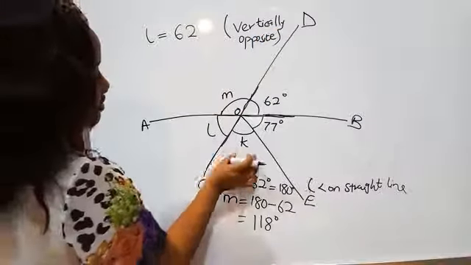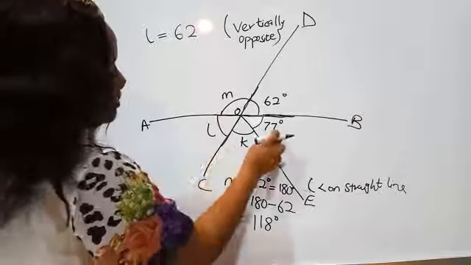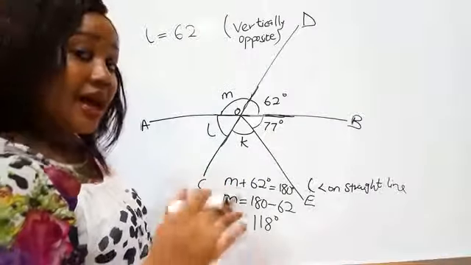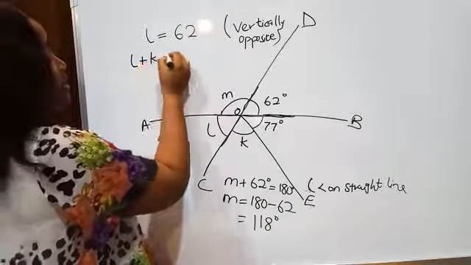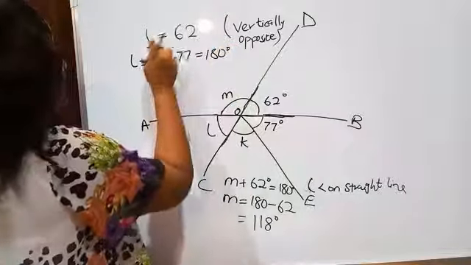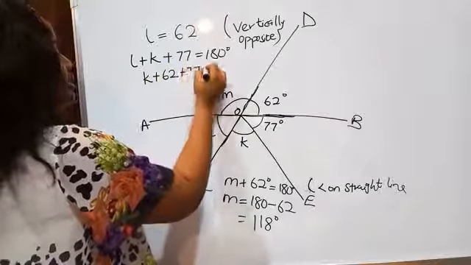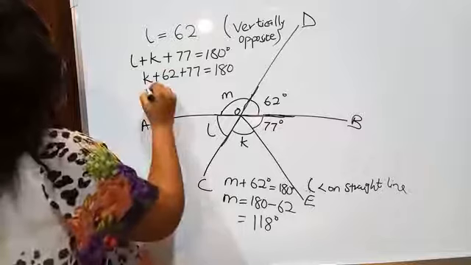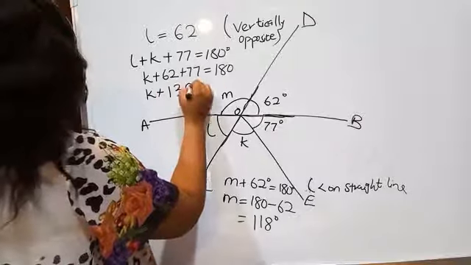So that we now have K remaining. Now L plus K plus 77 should give us 180 degrees. Reason, angle on a straight line. And we have our L to be 62. So we have K plus 62 plus 77 equals 180. 62 plus 77 is 139.